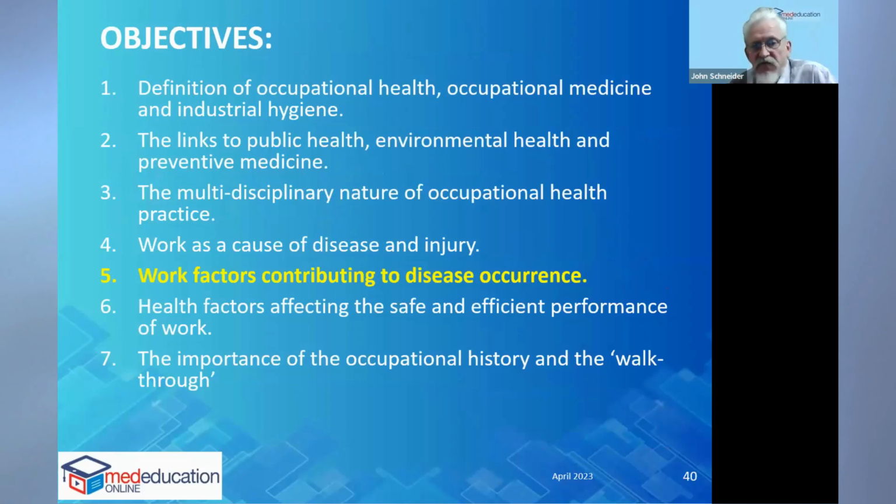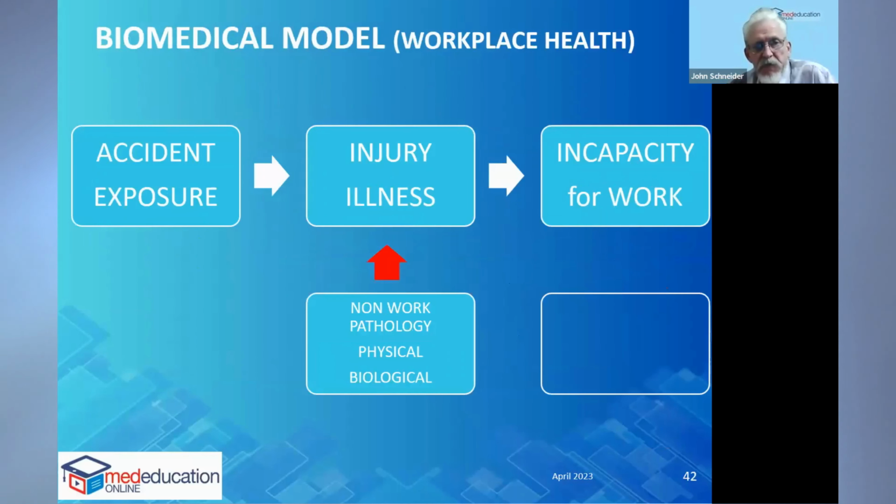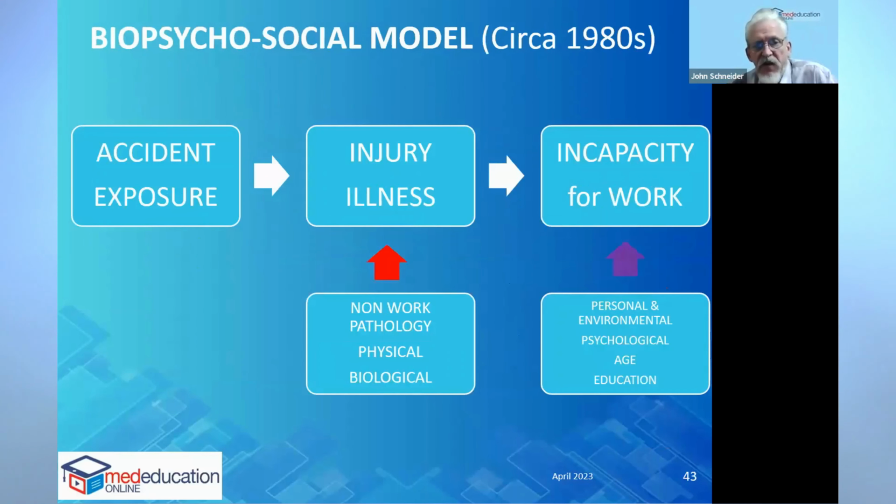Factors contributing to disease. Next one. Okay, now we have, go back the old model, around the 1980s and prior to the 1980s was what we call the biosocial model of disease. There was an accident or exposure, people had an injury or illness, and that led to an incapacity to work.